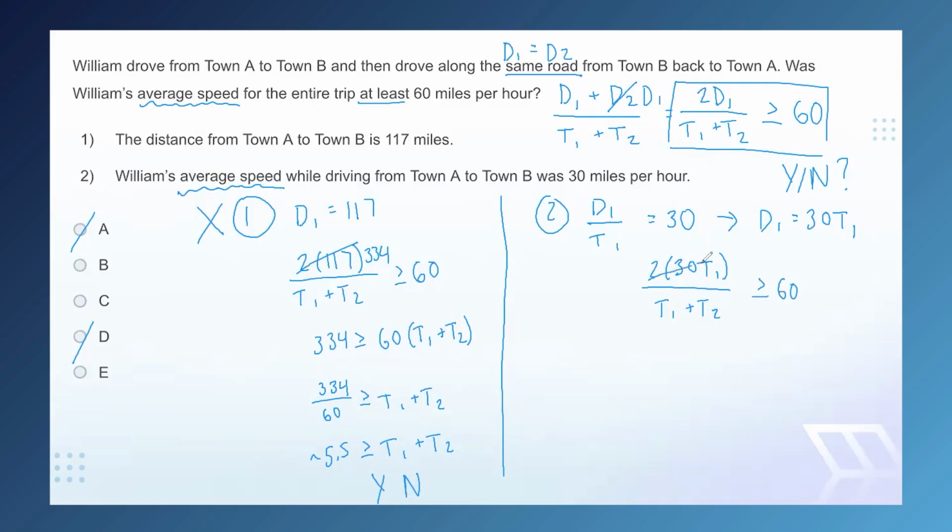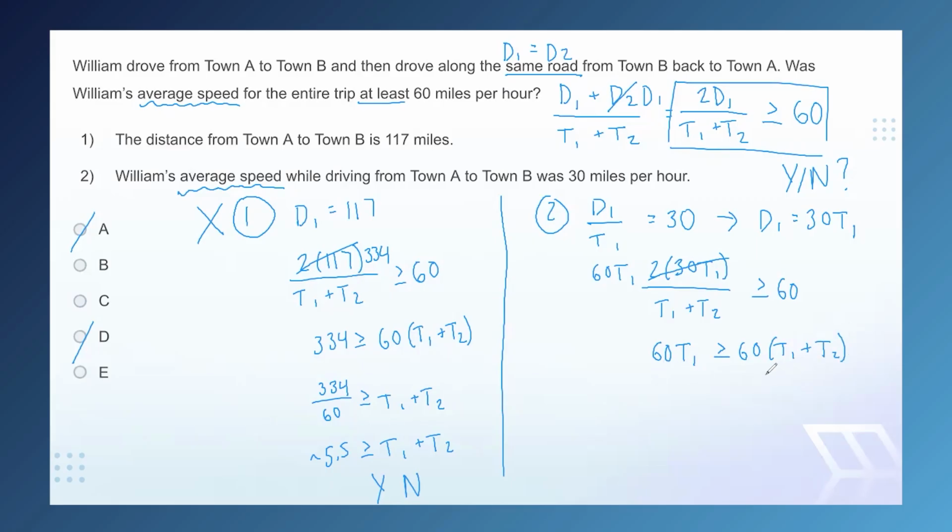Or multiplying that out, 60 T1 over T1 plus T2 is greater than or equal to 60. Once again, we know T1 plus T2 is going to be positive, so we can multiply it on both sides without doing anything to our symbol here. So we're going to get 60 T1 is greater than or equal to 60 times T1 plus T2.